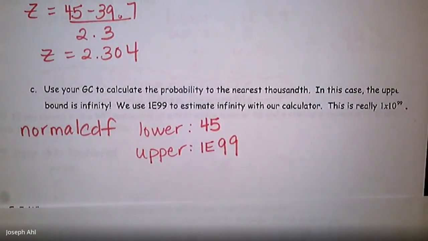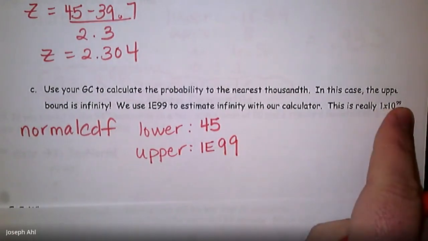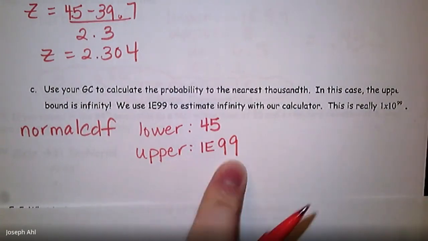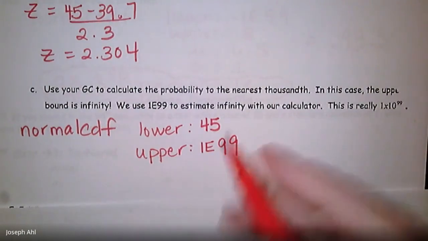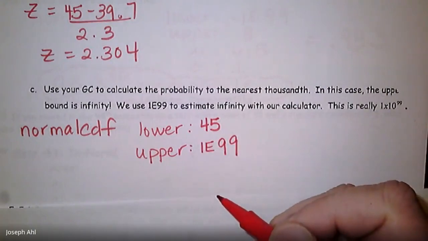That's the calculator's scientific notation way of writing 1 times 10 to the 99th power. You can imagine that's a tremendously large number, such that we're capturing a ton of area to the right that's infinitely getting smaller and smaller. So we can definitely still do this. We're essentially trying to type in infinity by choosing a huge number for the upper bounds.